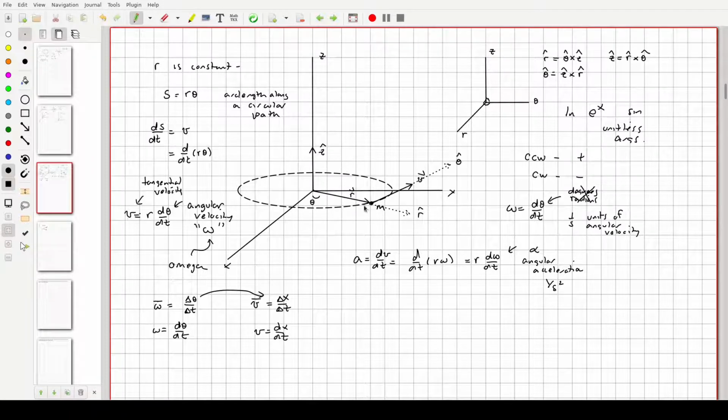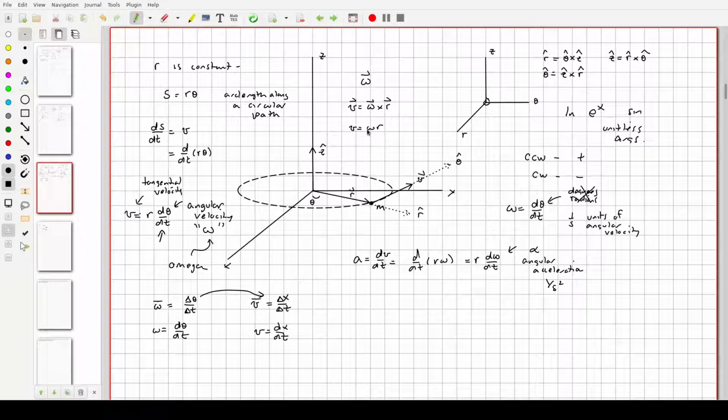And one way that we can think of omega as a vector, which it is, is the following way. v is omega cross r. Now, if we're dealing strictly with right angles, then v is just omega times r, because the angle in between is 90 degrees, and for cross products, sine of 90, well, that's 1.